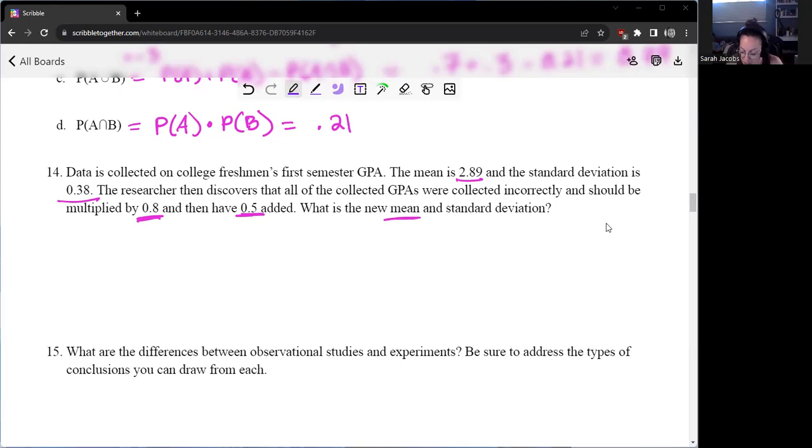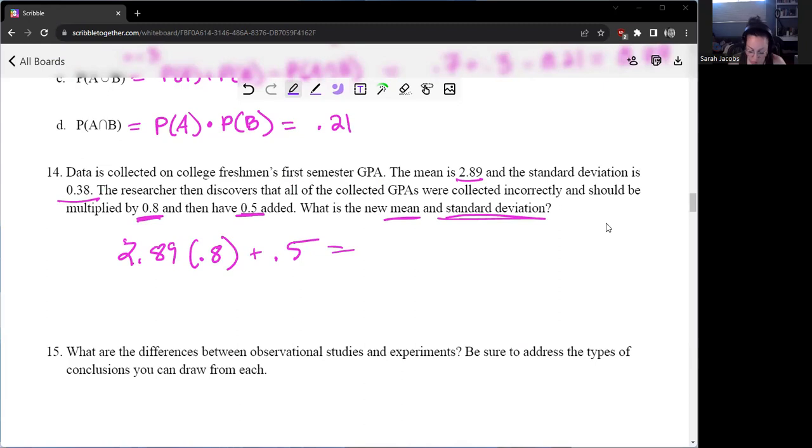What is the new mean and standard deviation? So this is a unit 1 idea. Any measure of position, mean, median, maximum, minimum, that gets everything. So the 2.89 is both going to be multiplied by 0.8 and have 0.5 added.